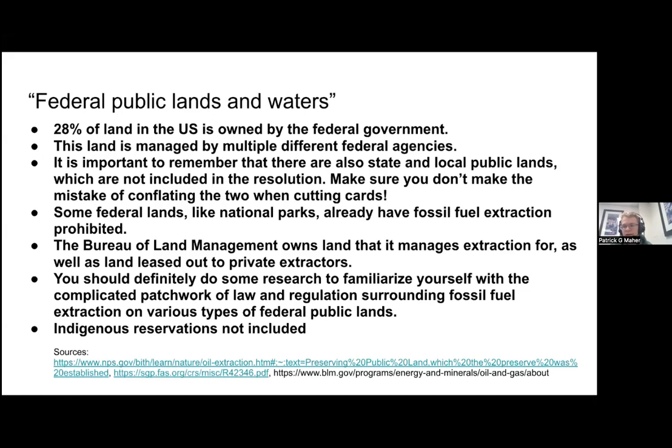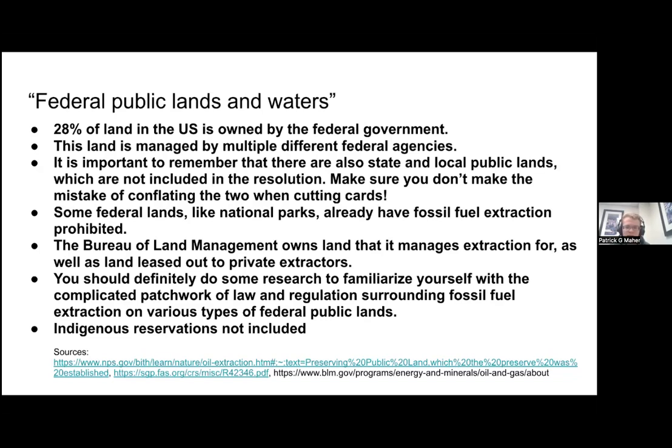Federal public land would be places like national forests, national parks, national wildlife areas. What's not federal public land but is federal land would be something like a military base. These are all different instances of federal land where you can specify.